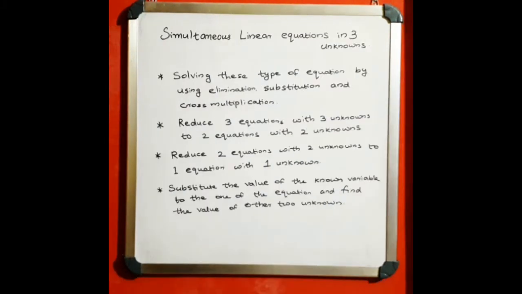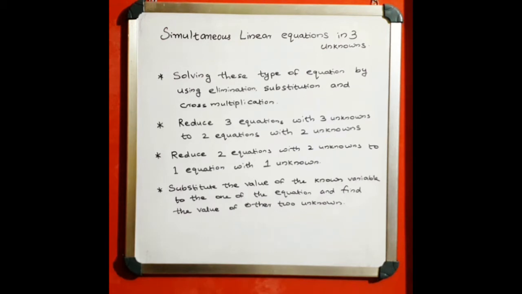We are going to discuss simultaneous linear equations in 3 unknowns. We know what simultaneous linear equations in 3 unknowns are: there are 3 unknowns and 3 equations, with the degree of each unknown being 1.